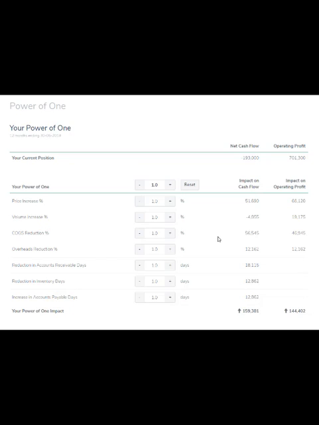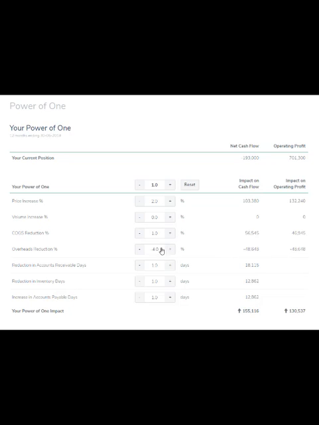So let's say we put a plan in place. We want to increase our price by 2%. We're going to leave our volume the same. We're going to spend $50,000. So this is actually going to cost us more, around about $50,000.